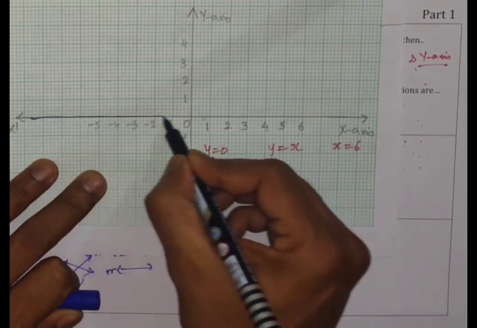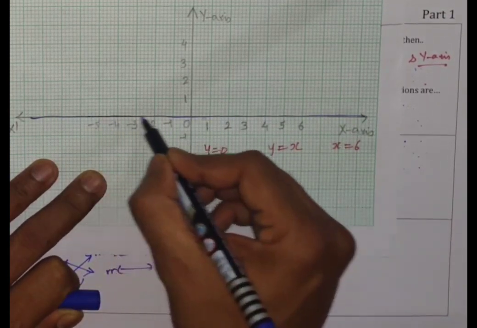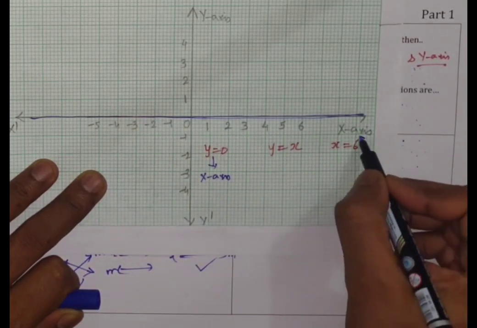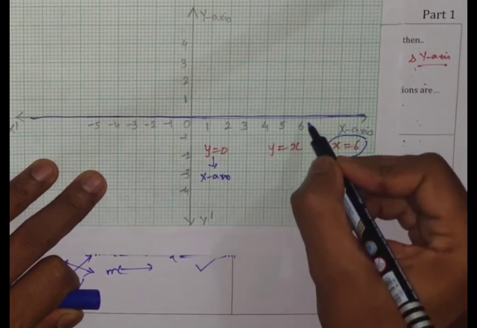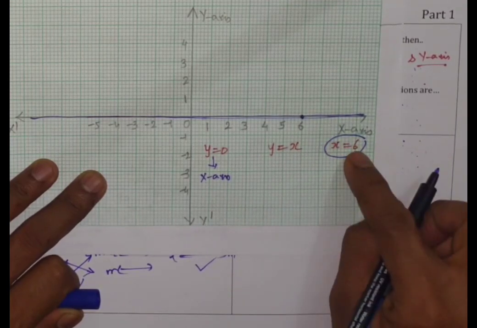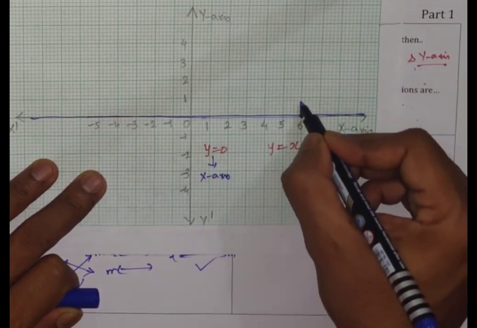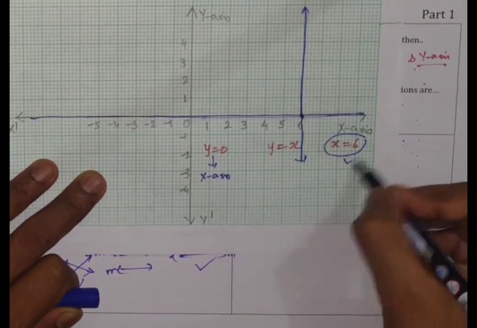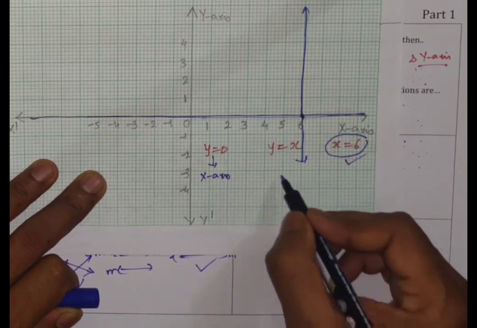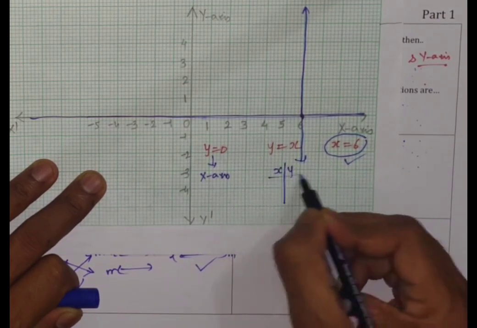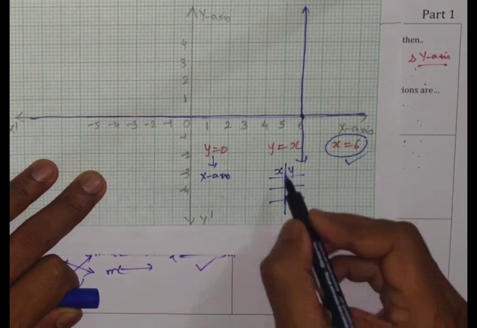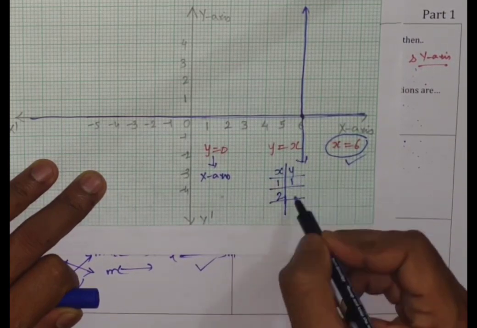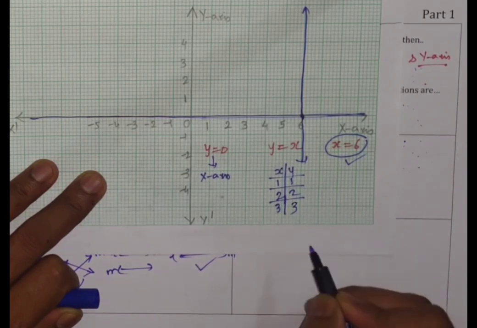So I'll draw a blue line. This is the x-axis. Alright, that is the first line. X equal to 6. Where is x? 6 here. And this is perpendicular. It is a line which passes through 6 and is perpendicular to x. We got this line. Now this is x equal to y. You will have to take 2-3 points. If you took x as 1 then y is 1, x as 2 then y is 2, x as 3 then y is 3.